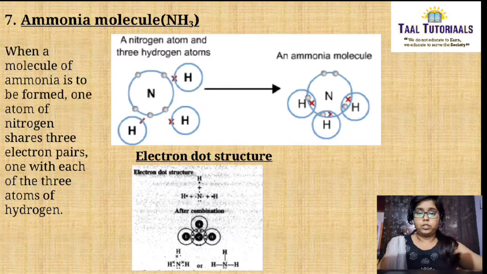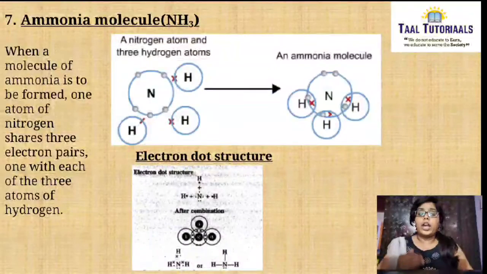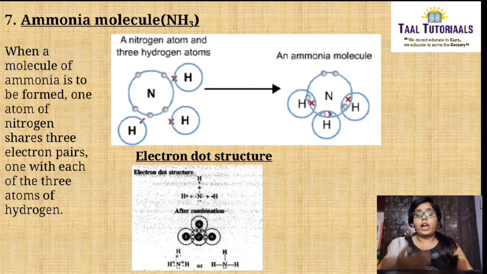Okay. Now, ammonia molecule. When a molecule of ammonia is to be formed, an atom of nitrogen shares 3 electron pairs, one with each of 3 atoms of hydrogen. See, nitrogen has 5 electrons in the valence shell and needs 3 electrons to attain a stable octet electronic configuration, so it shares electrons with hydrogen.